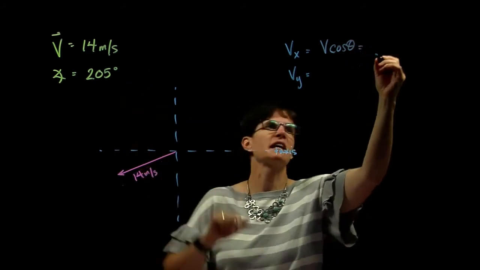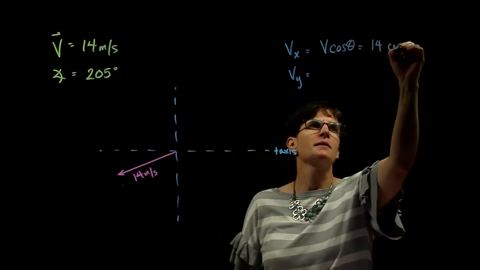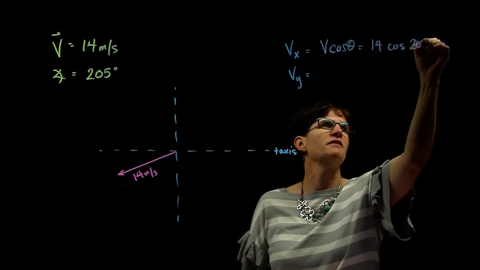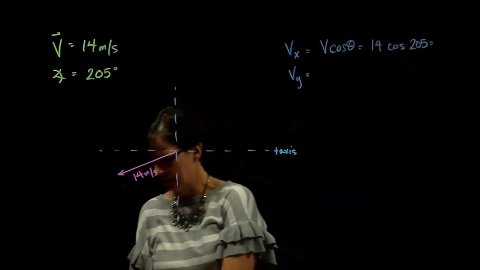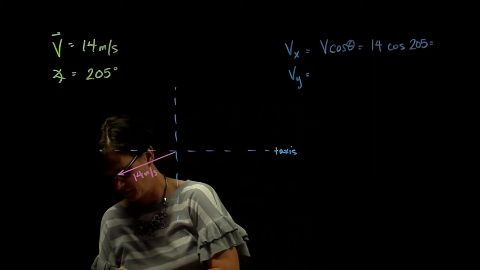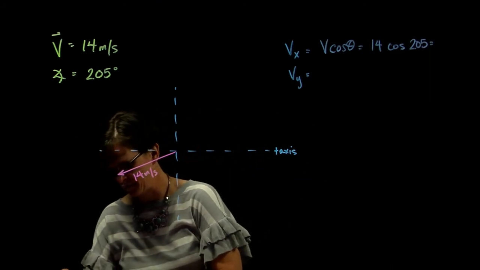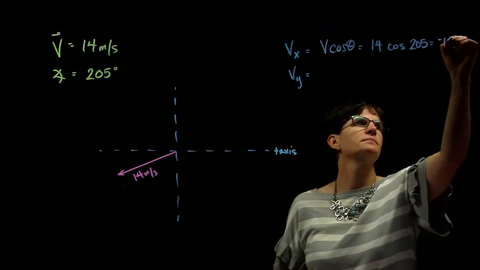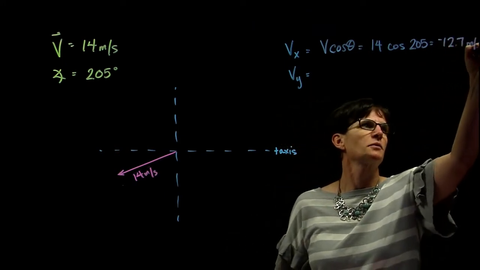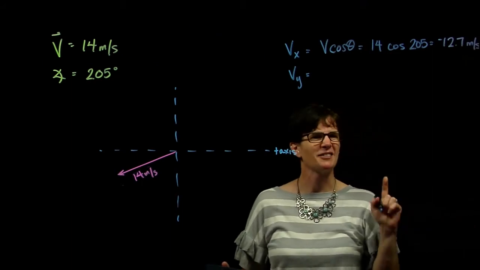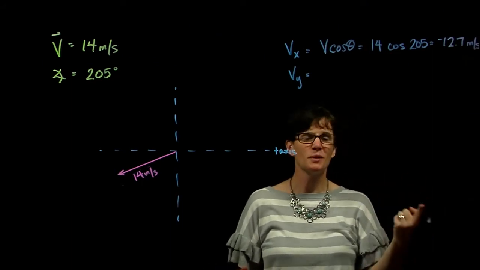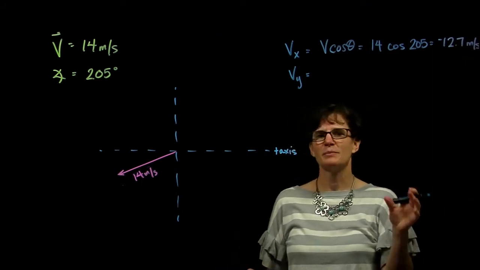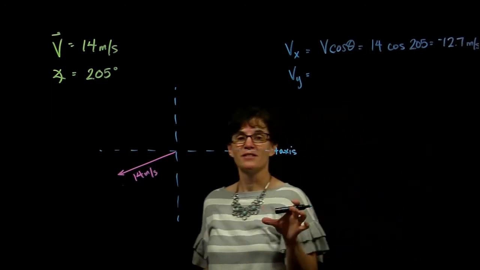In this case, that's 14 times the cosine of 205, and 14 cosine of 205 is negative 12.7. And of course, we're in velocity, so it's meters per second. Now, it's always important to double check yourself. Do I expect that to be a large majority of the vector?